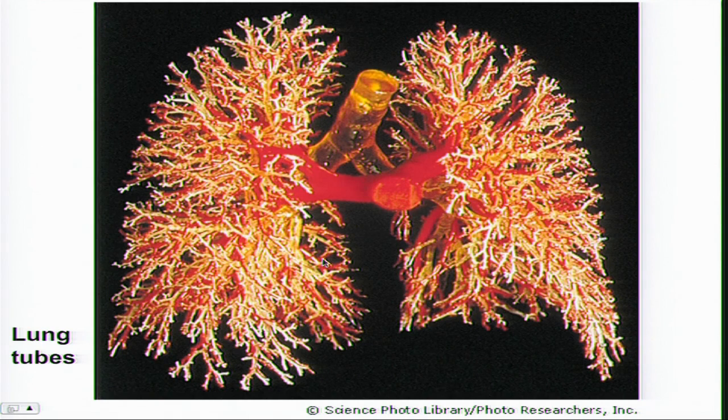It's about a 20-fold branching, and you land up with many, many little tubes. In this rendition, the ends of the tubes, which are sacs of cells, have been taken away, but it's through these tubes that oxygen moves, or air moves. The oxygen is extracted from the air, moves into the bloodstream, and then the waste air is exhaled, and the same thing starts again. How do you build these lungs with this branching arrangement of cells? And indeed, how do you build the kidney?